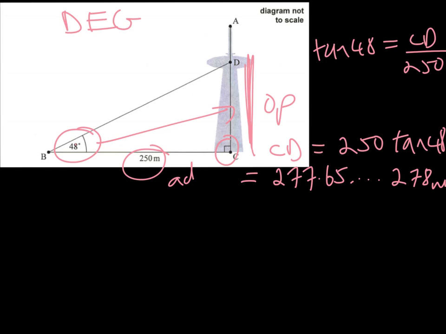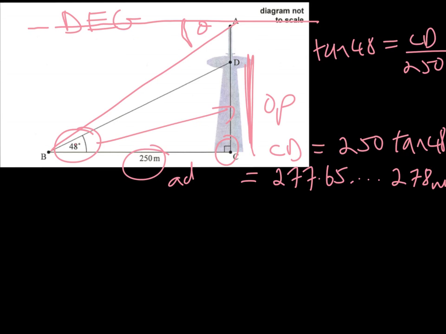In part B, we are asked to find the angle of depression from A to B. So remember, the angle of depression is actually the angle with the horizontal. So the angle of depression of B from A is going to be this angle here, theta.